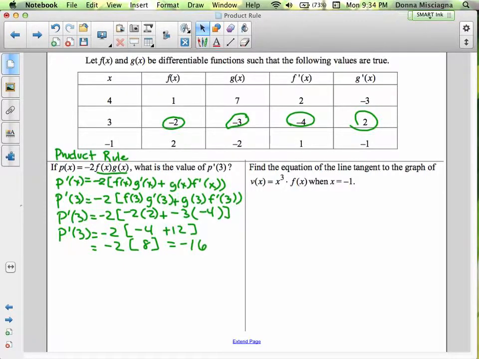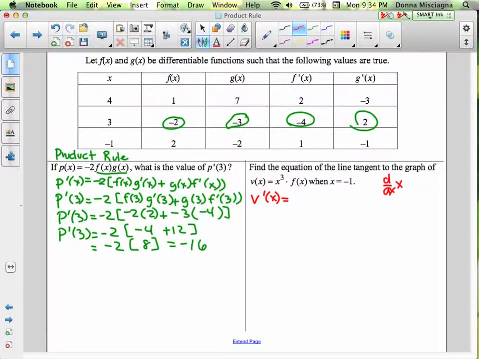The last one. Find the equation of the tangent, I think it's the last one. Find the equation of the tangent line, maybe there's one more, to the graph of v of x equals x cubed times f of x when x equals negative 1. Again, this will be a product rule. All right, so x, and just a little reminder there, the derivative of x cubed is 3x squared.